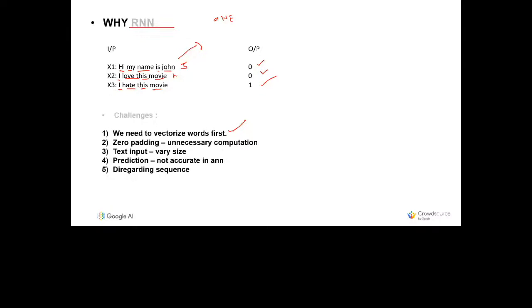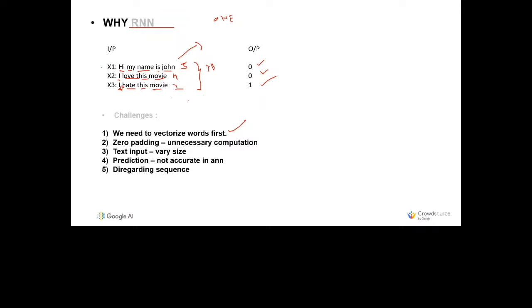Then "I" is common, so we won't consider it again. "Hate" is a unique word. "This" and "movie" are also common, so we take only one. So this is five unique things, this is four unique things, and the total is nine, ten unique things.